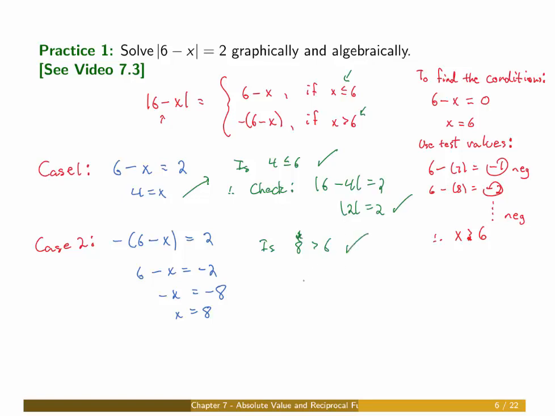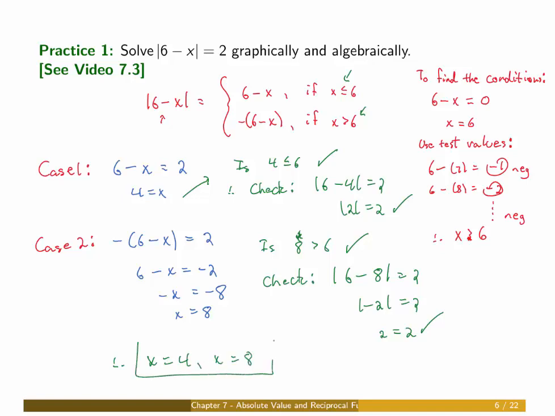Yes, it is. So you always check the conditions first, then you plug it back in. This is going to be absolute value of negative 2 equals 2, which is correct. Therefore, your solutions are x equals 4 and x equals 8.